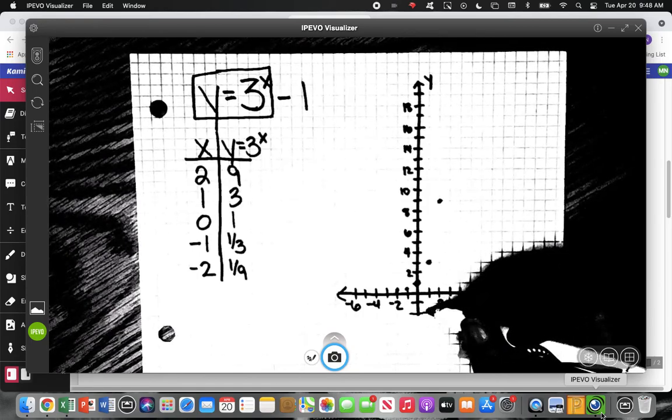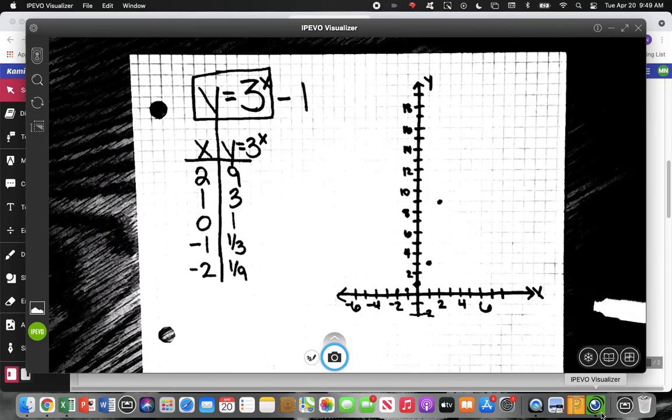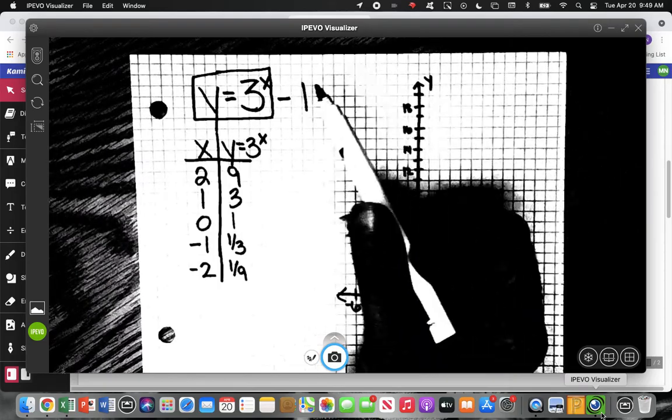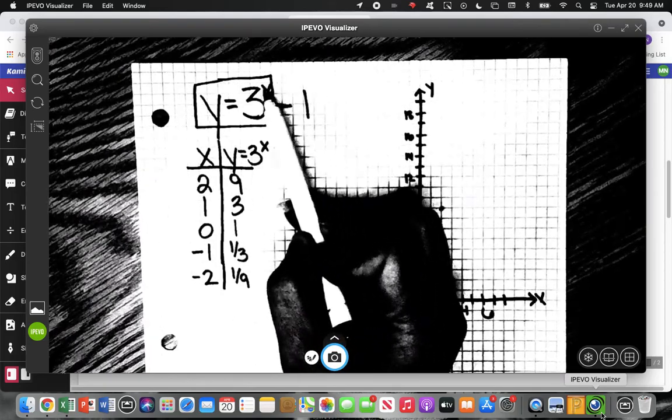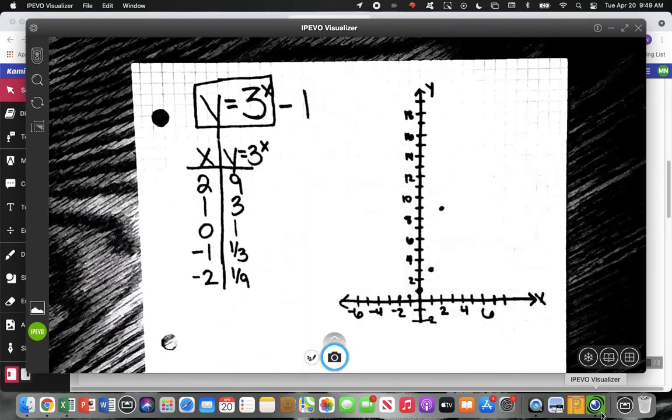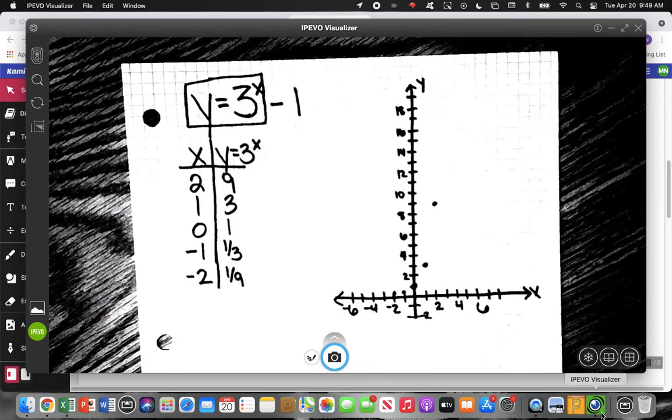Do you want us to get these colored pencils? I'll give you instructions for those in just a second. But if you guys take a look at this, on our shifts, if you look up in the exponent, is there anything being added or subtracted to the x? If there's nothing added or subtracted, are you going to move left or right at all?